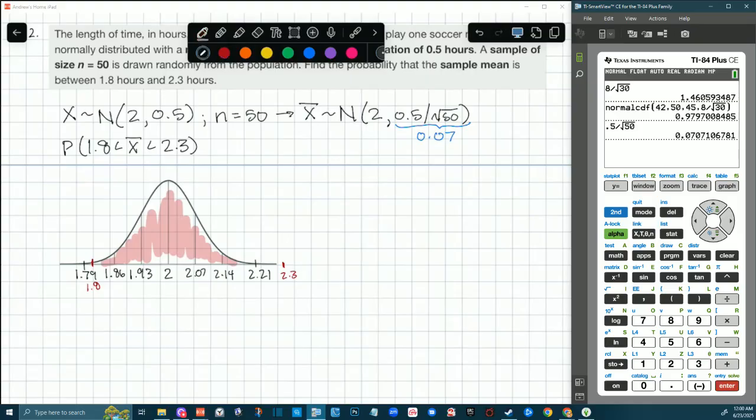So we know that we're going to do normal CDF, which is going to ask for a lower bound, an upper bound, a mean, and a standard deviation. Lower bound's 1.8, upper bound's 2.3, mean is 2, and standard deviation is 0.5 divided by the square root of 50.